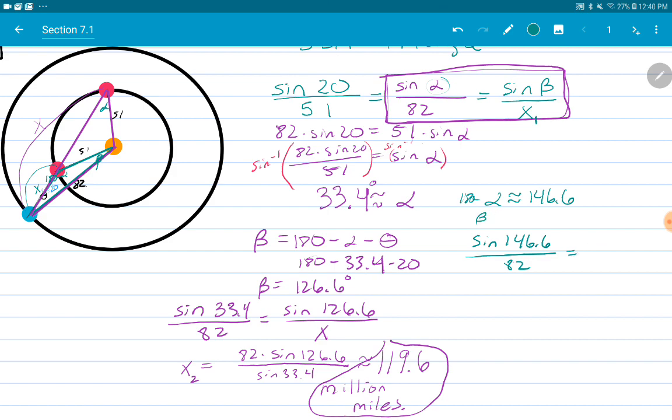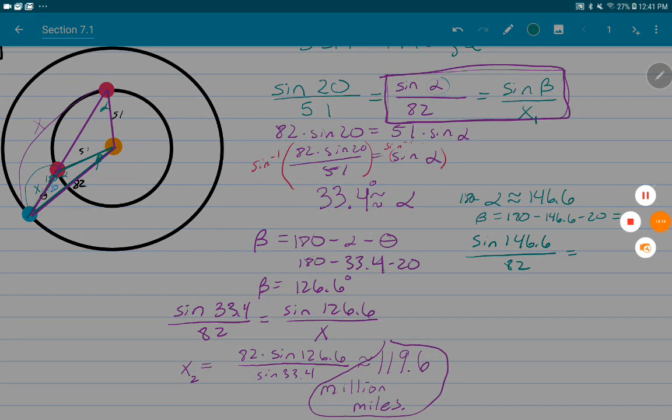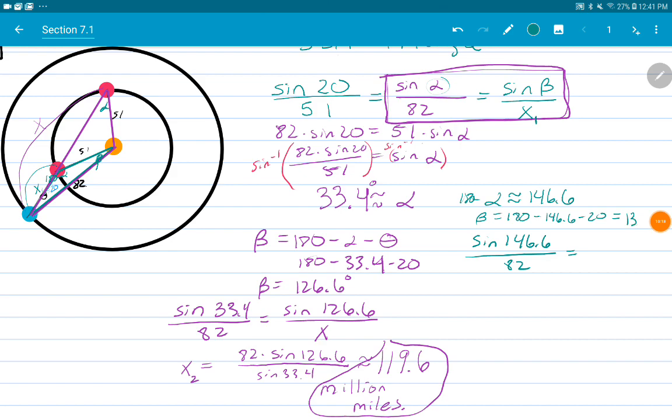Beta equals 180 minus those other two angles. So this time it's going to be minus 146.6 and minus 20. Which gives me 13.4, just a tiny little angle.